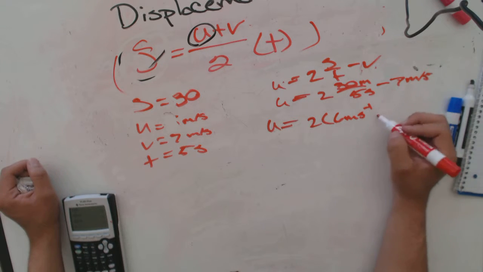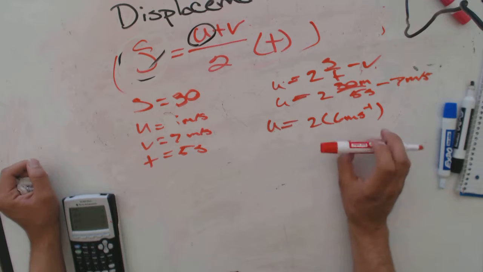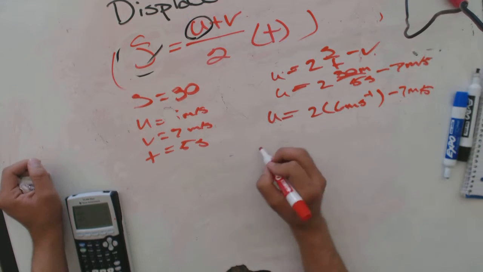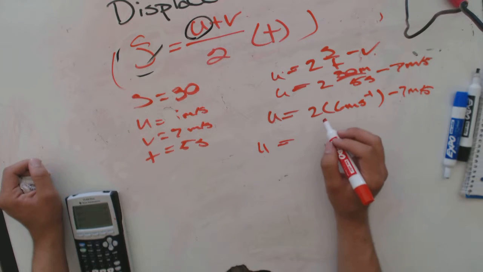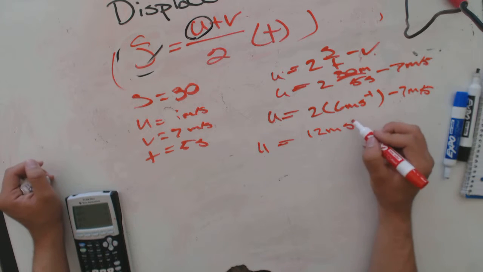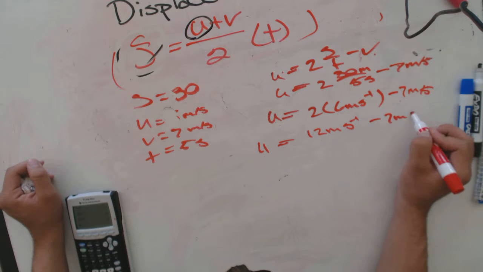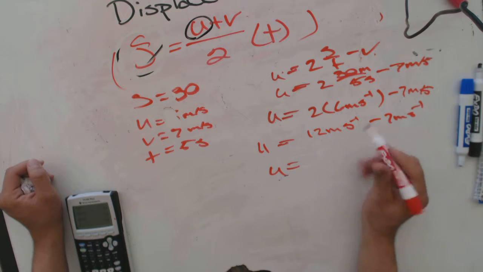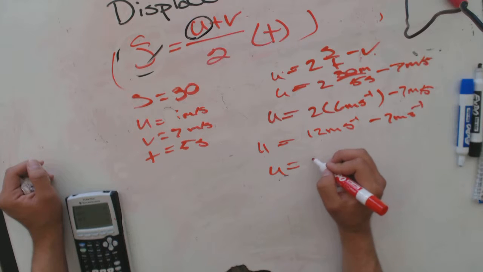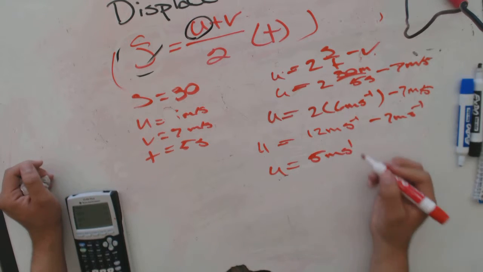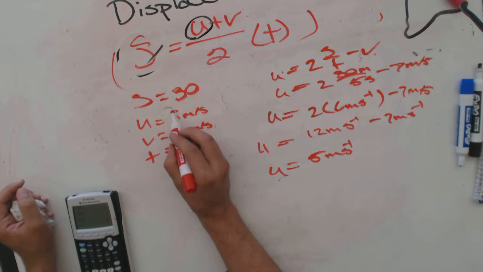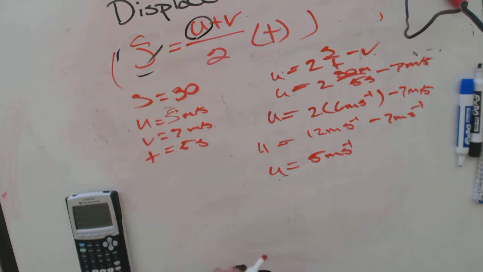So let's do the basic arithmetic: U equals 12 meters per second minus 7 meters per second, which equals 5 meters per second. Since we already did this problem, we already know that U was 5 meters per second. Alright, so we know we did that right.